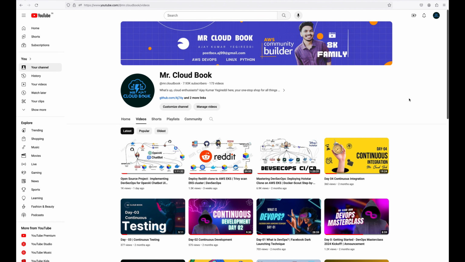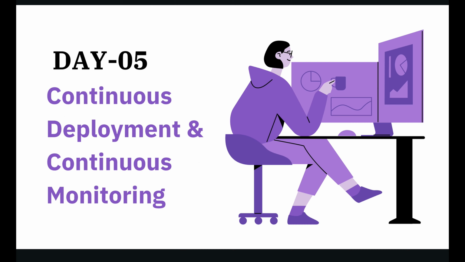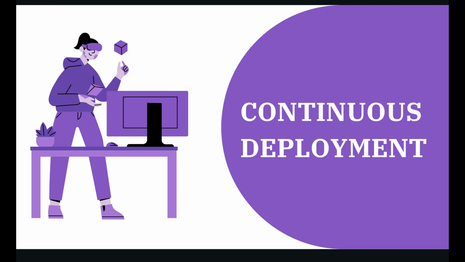Today we are going to talk about continuous deployment and continuous monitoring, and after that Git and Ansible, which I will explain in a detailed way. Maybe it will be late, but I will update the videos. It will be more useful for you to understand DevOps in a simple way.